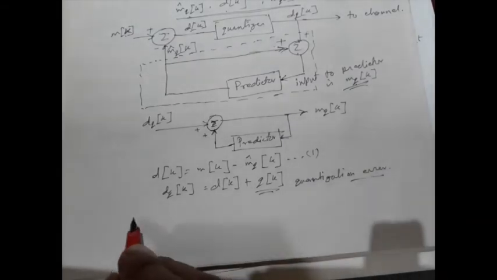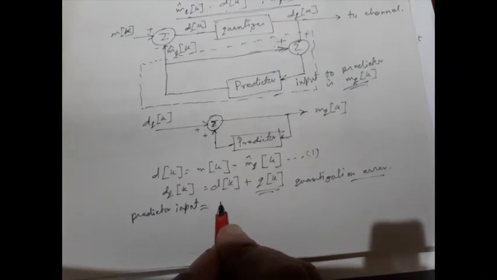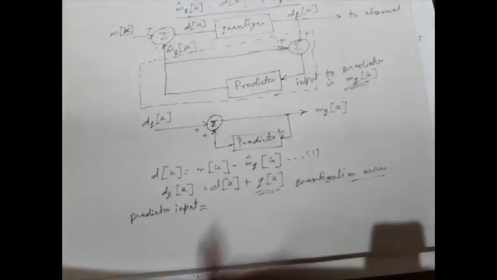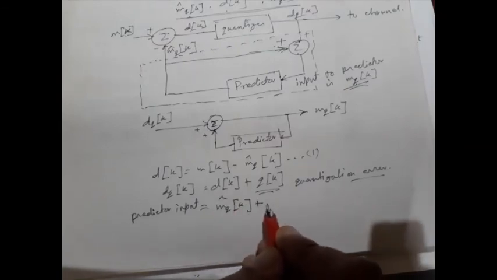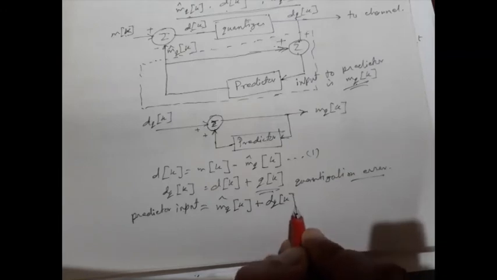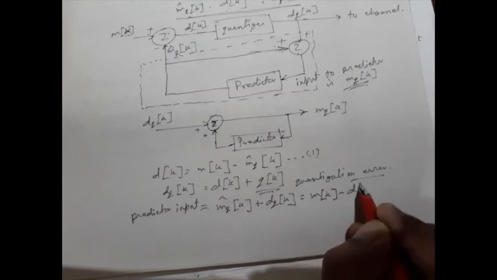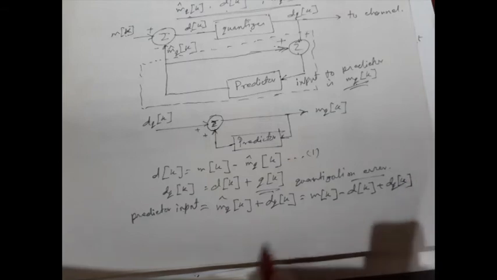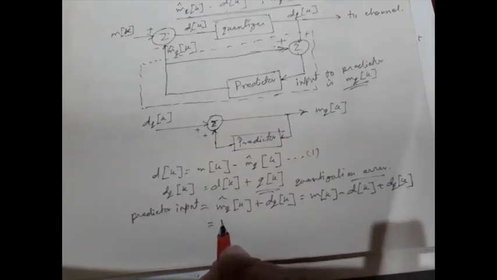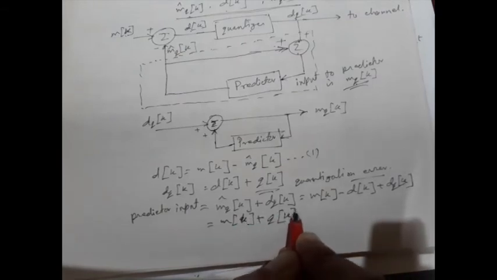So the predicted input is MQ cap K plus DQK, that is equal to MK minus DK plus DQK, that is equal to MK plus QK.